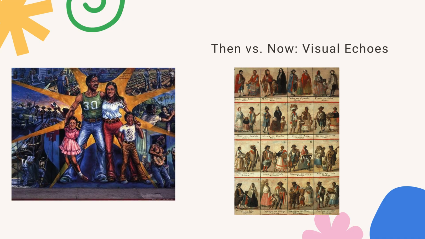Los Angeles murals, by contrast, break those boundaries apart. They reclaim traditional motifs and reshape them to express cultural pride, historical awareness, and resistance to marginalization. And in this way, colonial art becomes a visual foundation upon which new narratives are built.